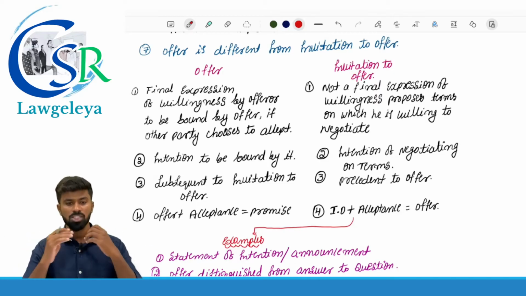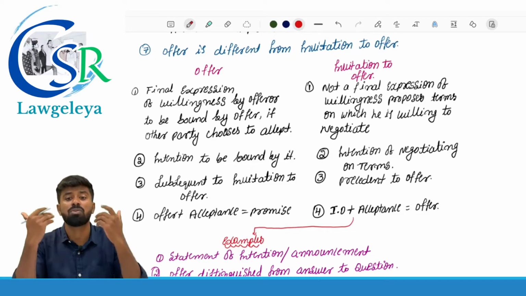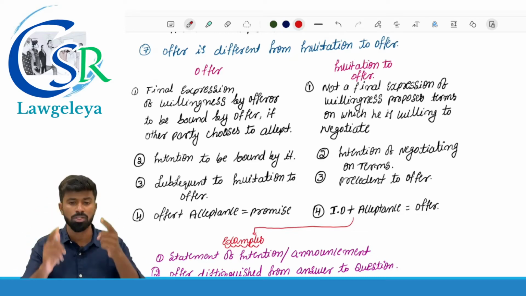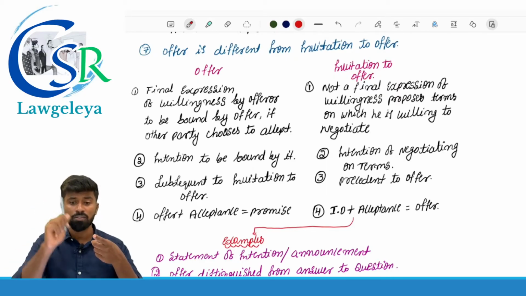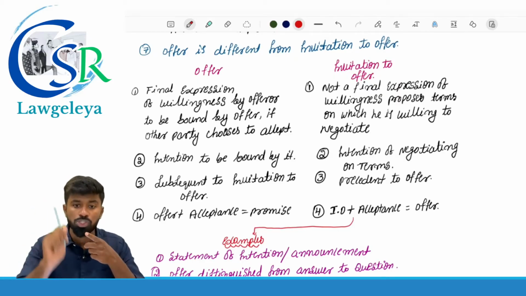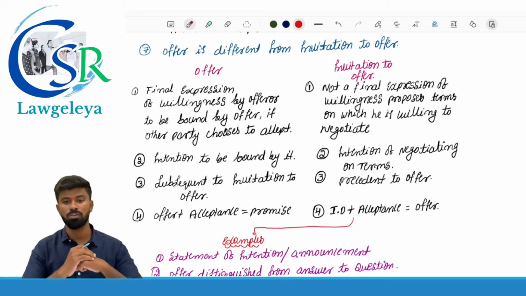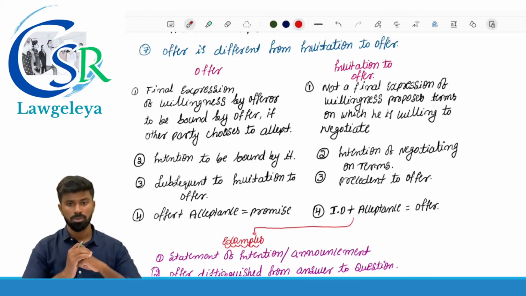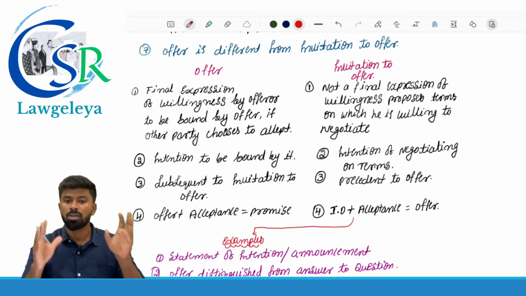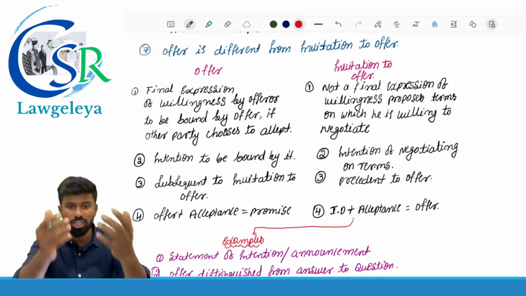Here the person is just proposing the terms on which he is willing to negotiate. You should keep this in mind. Not a final expression of willingness, and he proposes the terms on which he is willing to negotiate. That is called invitation to offer. In case of offer, the person has the intention to be bound by it if the other person accepts it. But in case of invitation to offer, the person has the intention of negotiating on the terms.